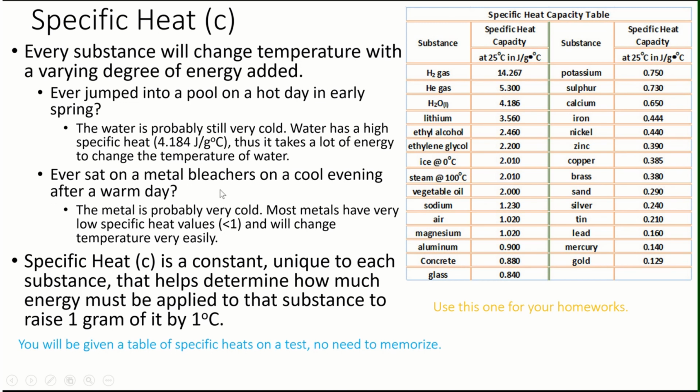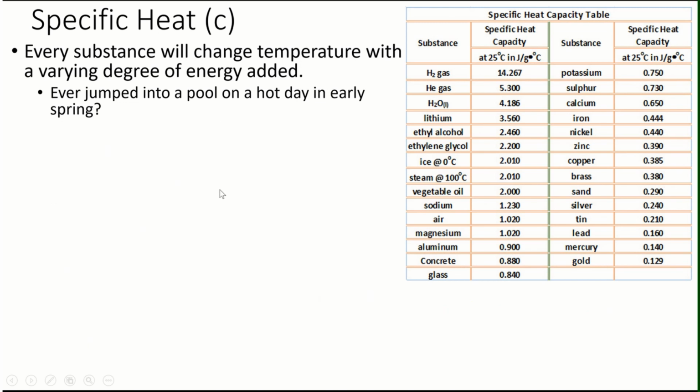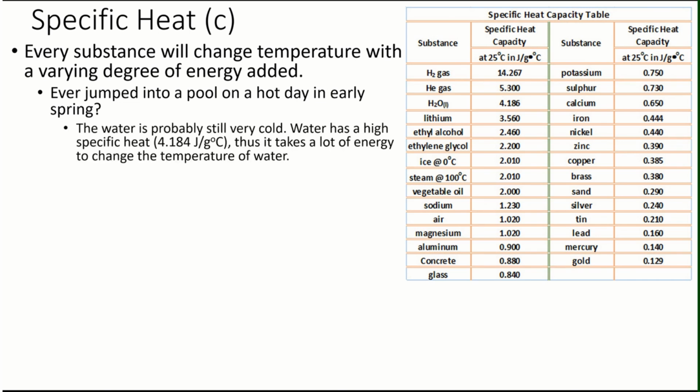So, the idea is, go back here a little bit, ever jumped into a pool on a hot day that's early in the spring? Water has a very high specific heat, 4.184. That's incredibly high. Now it's listed here as 4.186, but that's because this is at 25 degrees Celsius, and we're usually going to be working with it at 0 degrees Celsius.